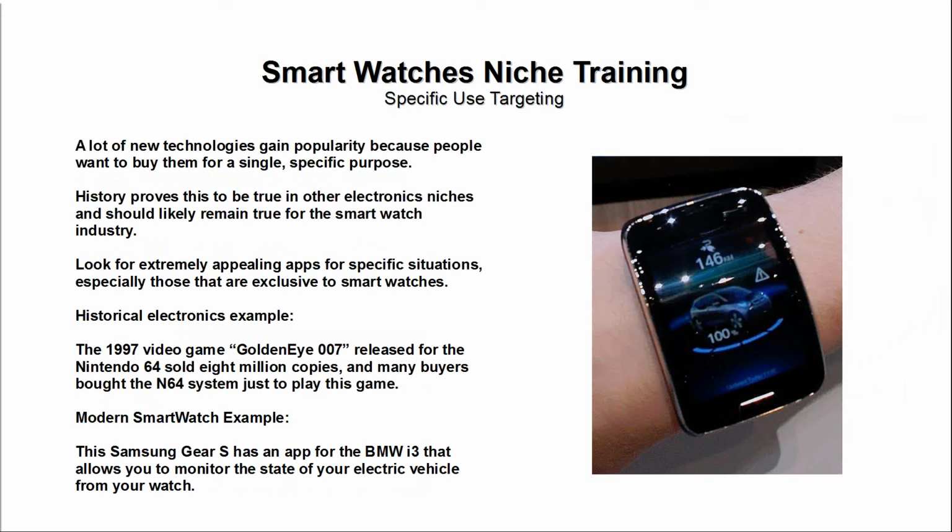It could have to do with the features that I've already talked about today, but it can even have to do with software that is available on a particular model of a smartwatch. A lot of new technologies actually gain their popularity because people want to buy them for a single specific purpose and not necessarily for all the different features that it has to offer. I'm a big believer that history has proven this to be true in other electronics niches and should therefore likely remain true for the smartwatch industry as well.